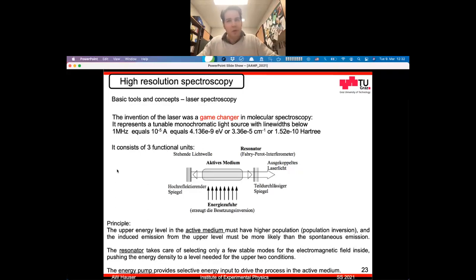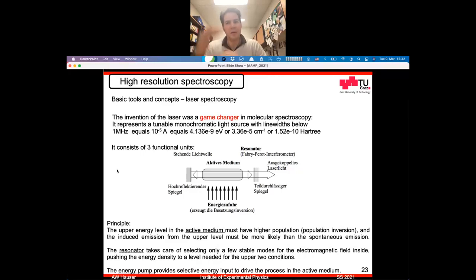We would like to have all possible atomic systems excited into this upper level, so that we have induced emission as the process that's actually happening whenever a photon comes in and hits the active medium. Okay, so that's the idea, population inversion.